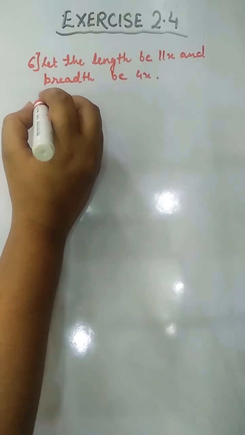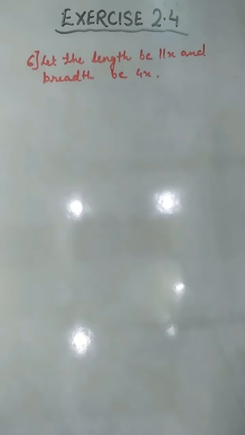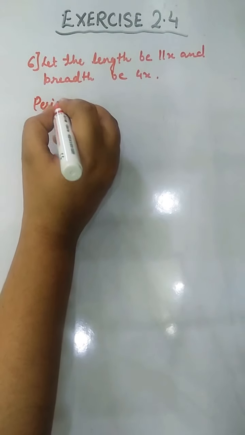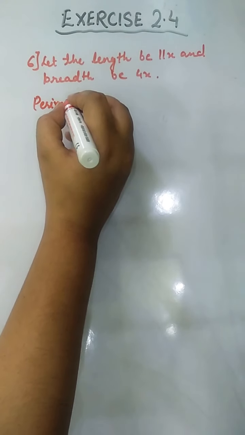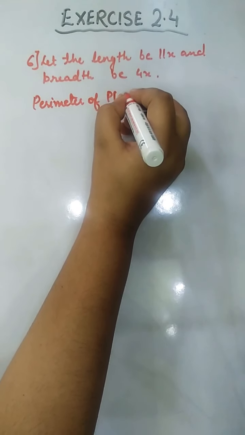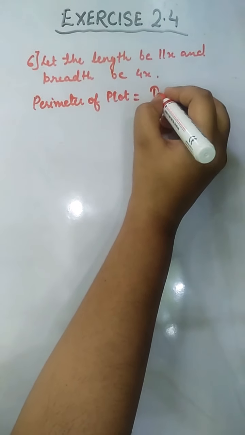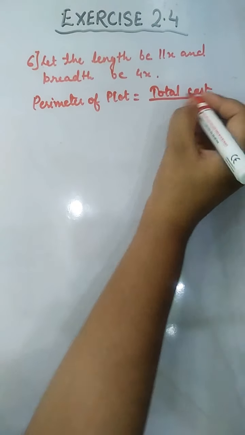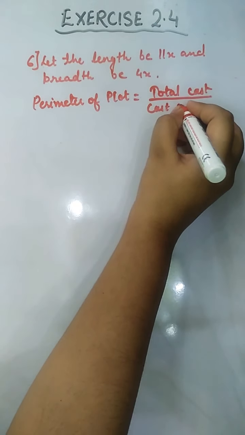Then the cost is given. Total cost is 75,000 and cost per meter is 100. So how will you find the perimeter of the fence? Perimeter of the plot will be total cost upon cost of 1 meter.